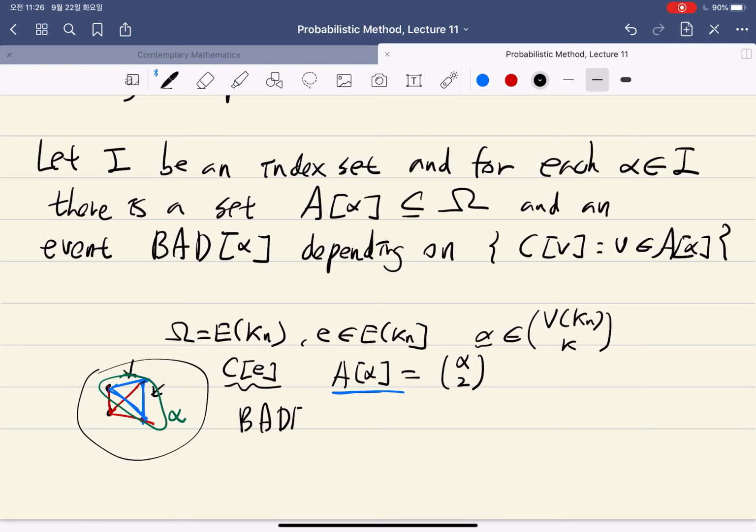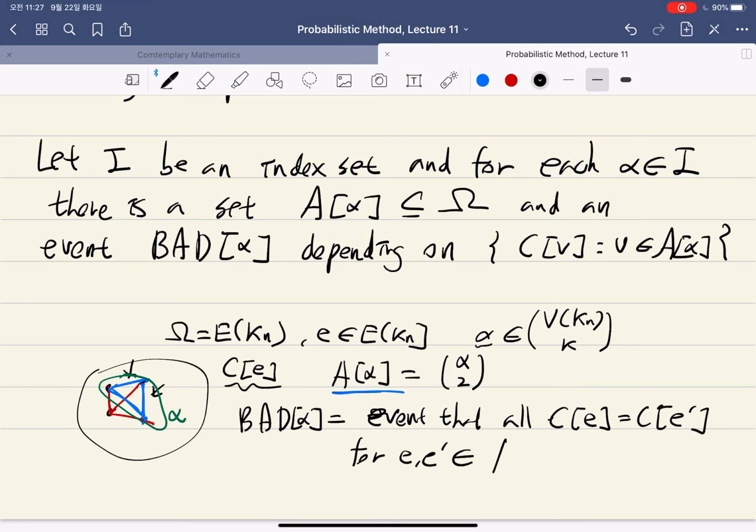And bad alpha is the event that C of E is the same as C of E prime for E and E prime inside of A alpha. So the event that these three edges have the same color. And let's say P of alpha is the probability of this bad event happening.